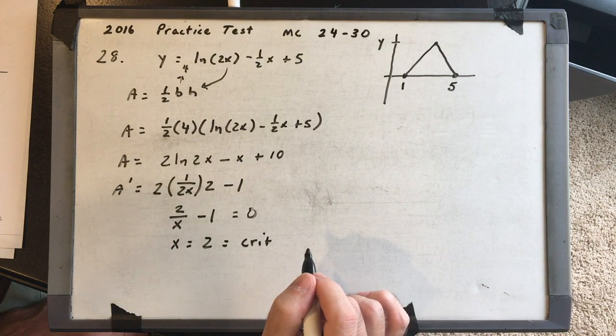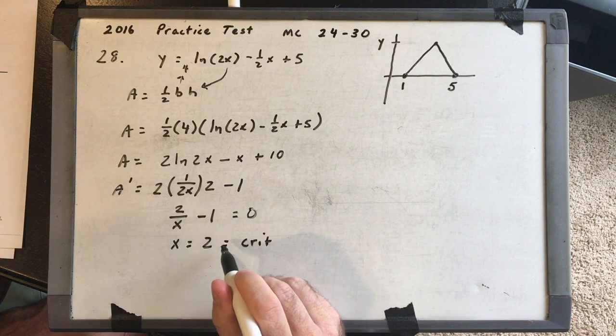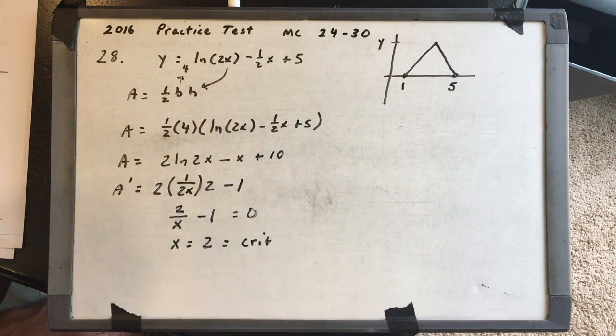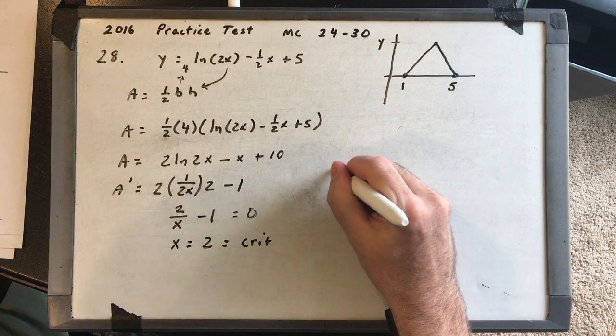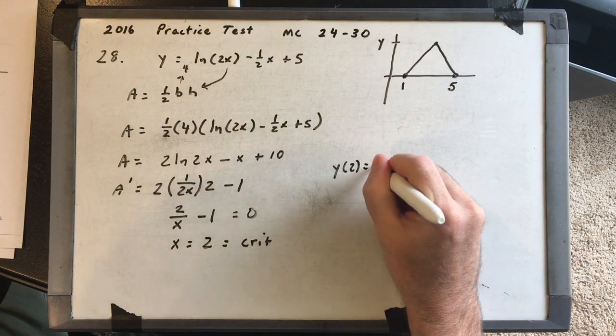So in order to get the height of this thing, we know that our x value is 2, so we've got to plug 2 into y. So y of 2 is equal to our height.